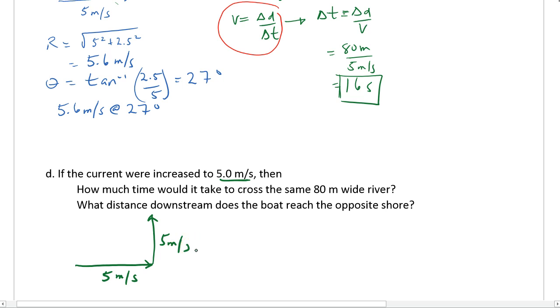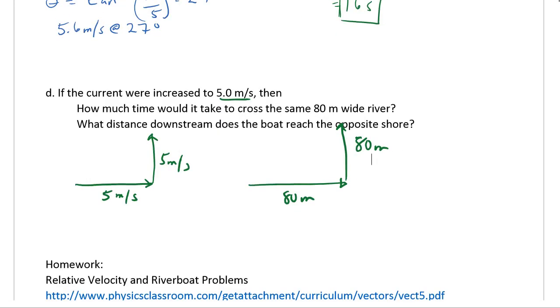And in my displacement diagram, this would still be 80 meters. So how much time would it take to get across? It's still going to be exactly the same, because how fast they're moving eastward is still 5 meters per second. The current doesn't change that, and they still have to go 80 meters. So it's still going to be 16 seconds, exactly the same.